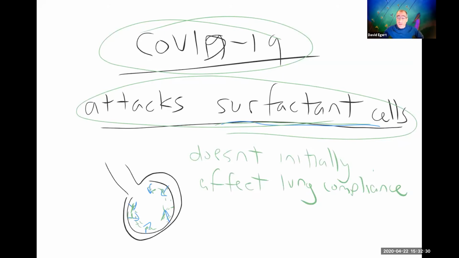So even though you aren't able to inflate your lungs properly because there's more resistance and the alveoli aren't blowing up all the way, when you exhale, the lungs still collapse and push out all the air that's in them. So you're not building up CO2.